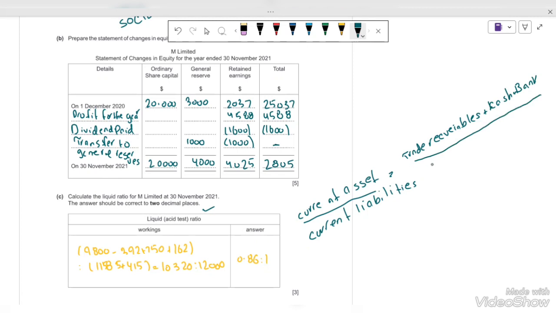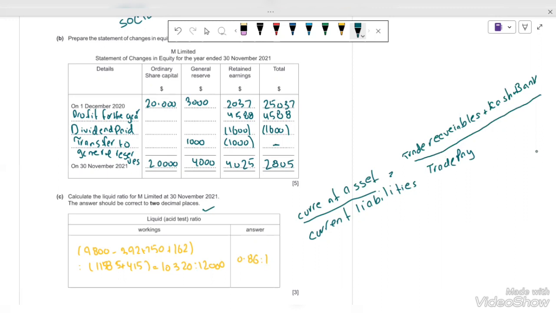And the current liabilities, you already know, are trade payables or any other liability which is short-term. It cannot be a long-term liability like a loan you may have taken from a bank, so you cannot add that type of liability in current liabilities.